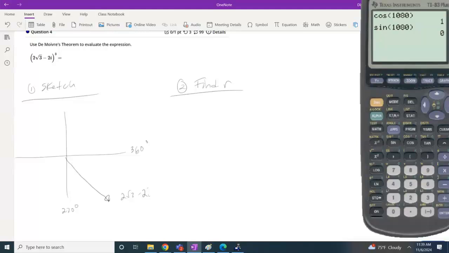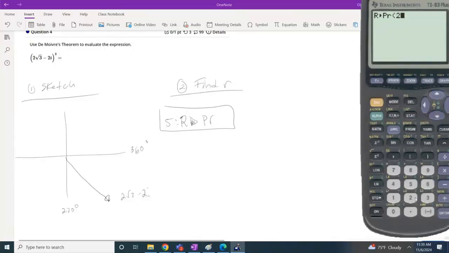The second thing we're going to do is find R. Here I'm just going to strictly use the calculator function. I'm going to go into angle. To find R, it is the 5th function.